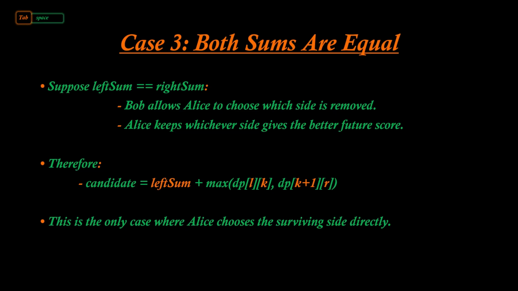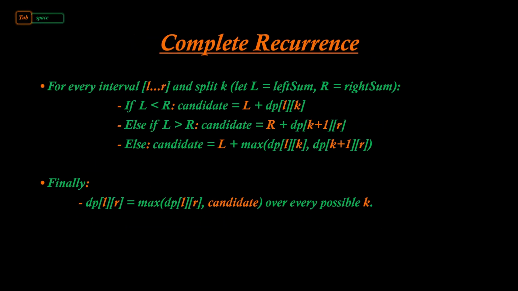Therefore, the candidate becomes left sum plus max of dp[L][k] and dp[k+1][R]. We add the common sum once and then choose the better of the two possible future states. This equal sum case is extremely important. Forgetting it would make the entire solution incorrect.